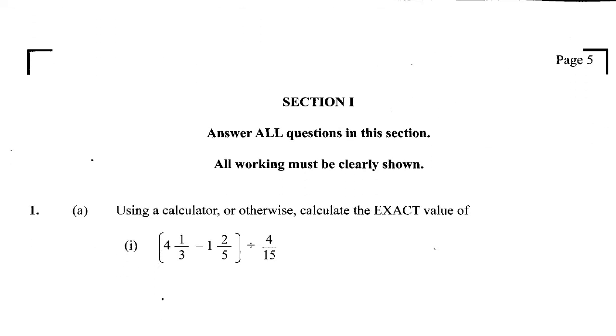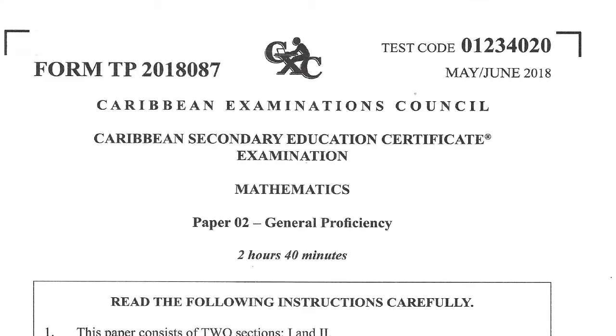In the subsequent videos now, we'll look at each problem that came in each paper. Section 1, you see that there: using a calculator or otherwise, calculate the exact value of that. That's in the 2017 exam paper. In 2018, let's see what they have.